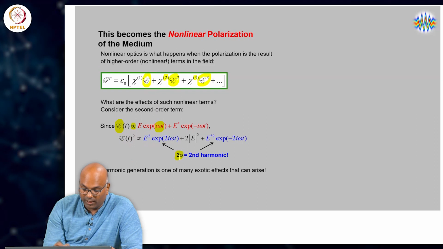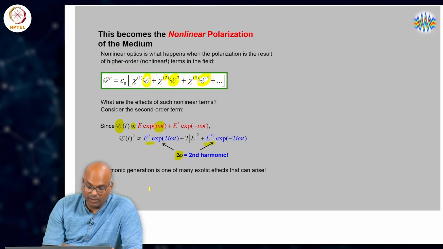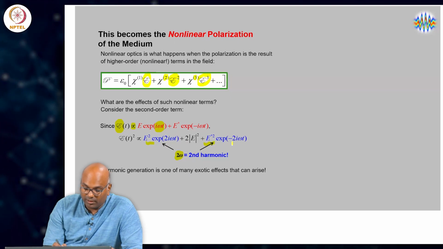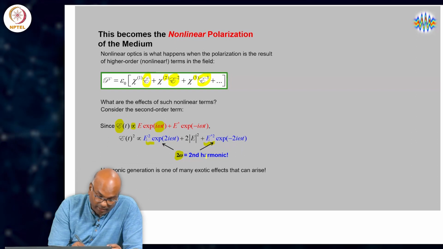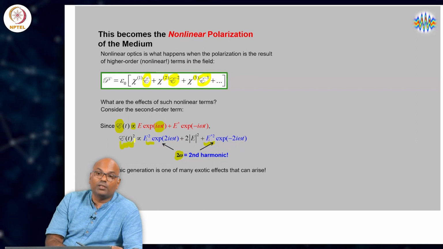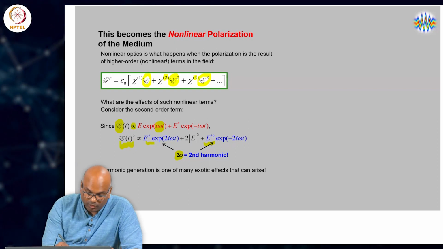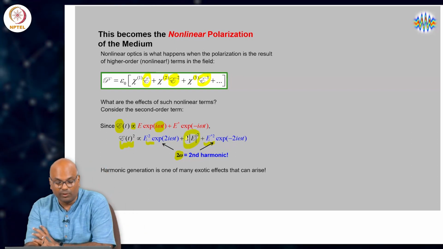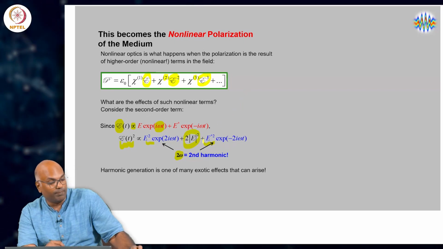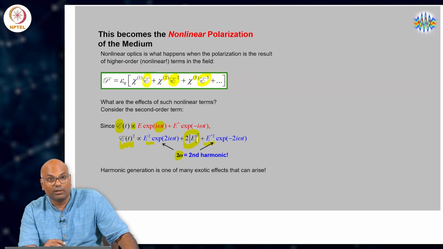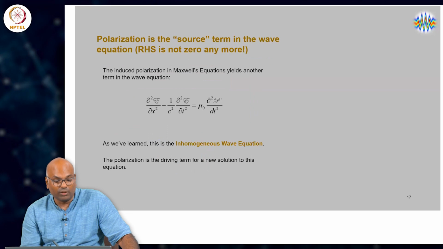So, you get the second harmonic, both E square and E star square, that is the amplitude of the complex conjugate term. These two are responsible for giving out the second harmonic. Again, realize that E square of t is also a real quantity. There is also a term which we may not have easily foreseen, which is a DC term. There is also a DC field created in the medium. So, all this is responsible for second order nonlinear effects.